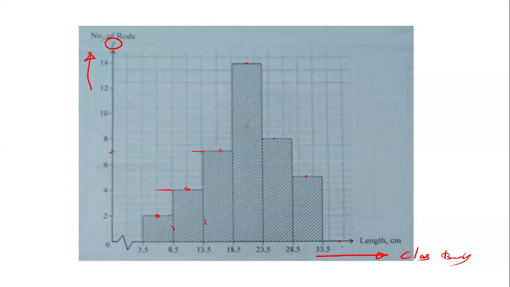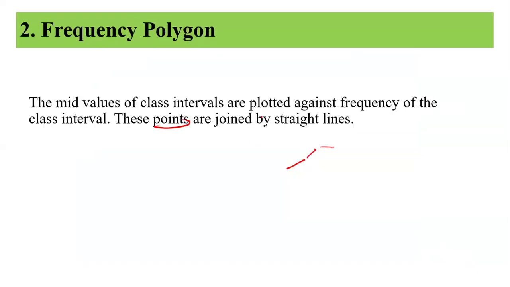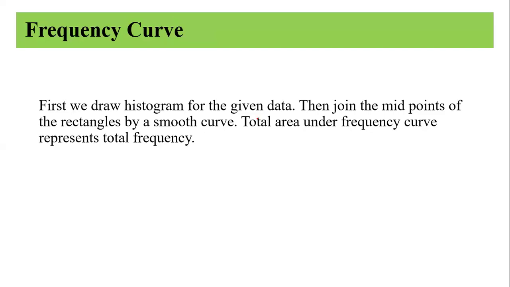We have to use this point also. We have to prepare additional class boundaries, and after plotting the midpoints, draw straight lines. This is called the frequency polygon.